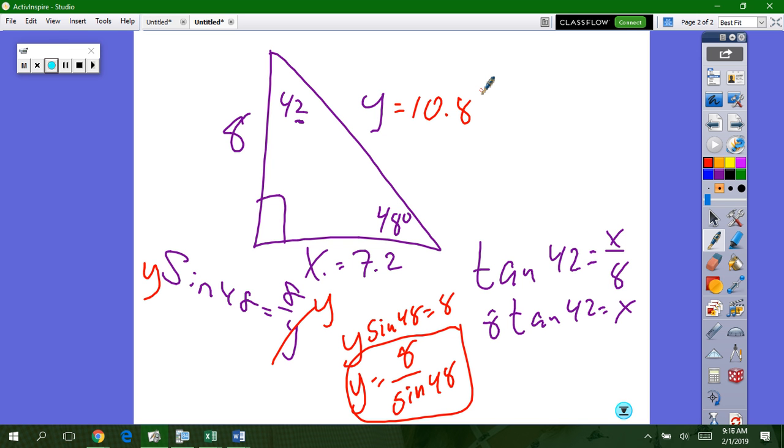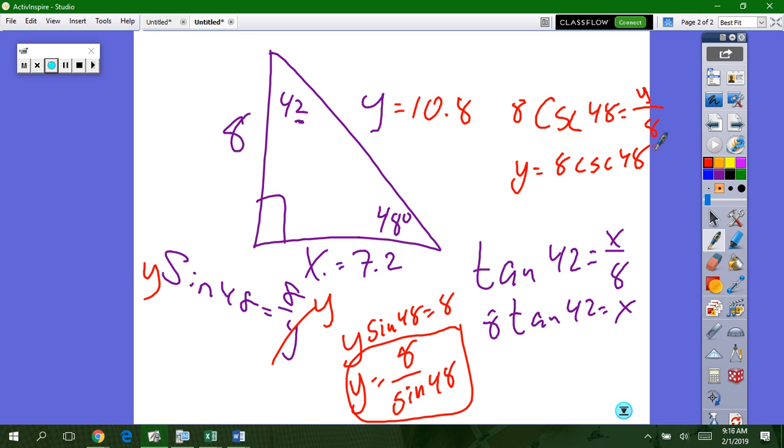When you wanted the unknown on top, here there's no way I could get away with that because you're on the hypotenuse. Well, it could, but that's like saying the cosecant of 48 equals y over 8, right? And then I have to times the 8 over.